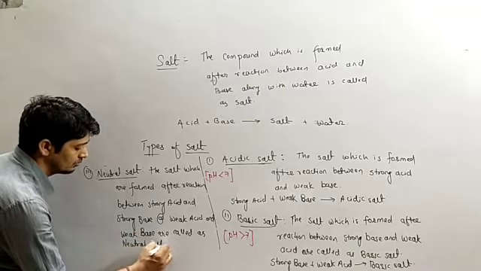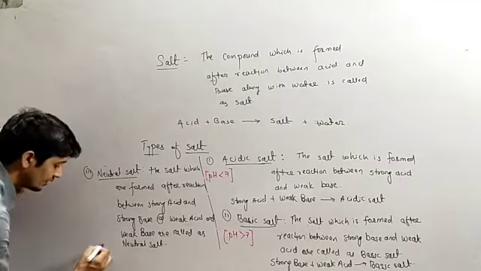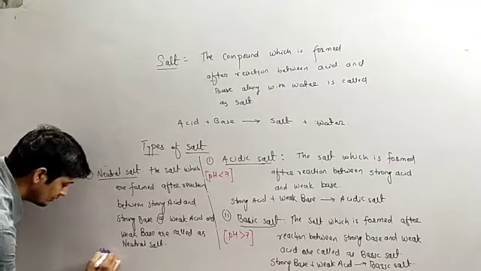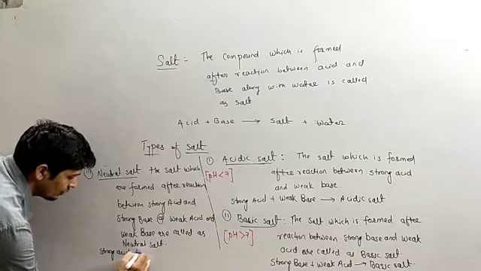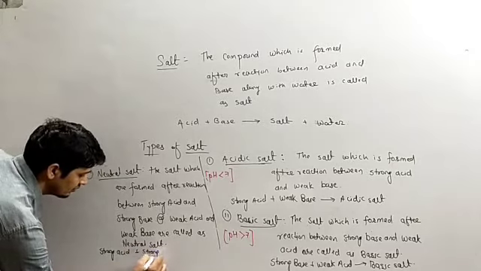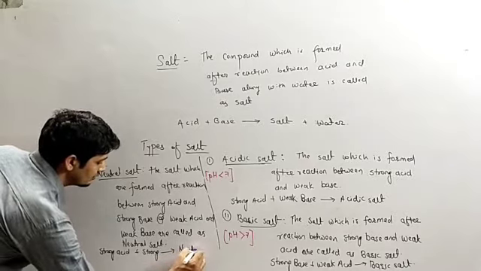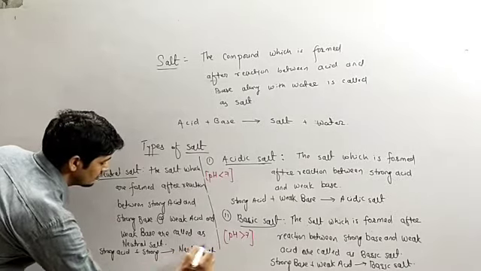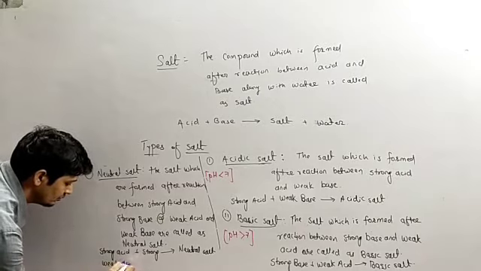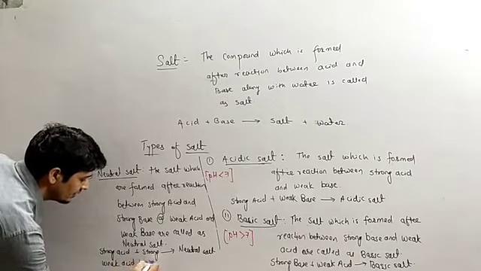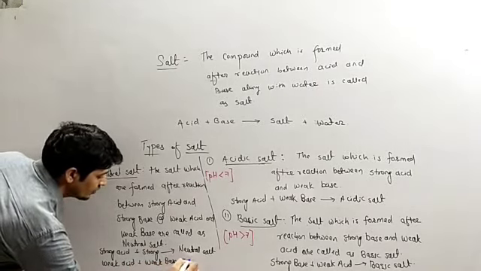Neutral salt. Okay, so in general we can write strong acid plus strong base equals to neutral salt, or weak acid plus weak base equals to neutral salt.